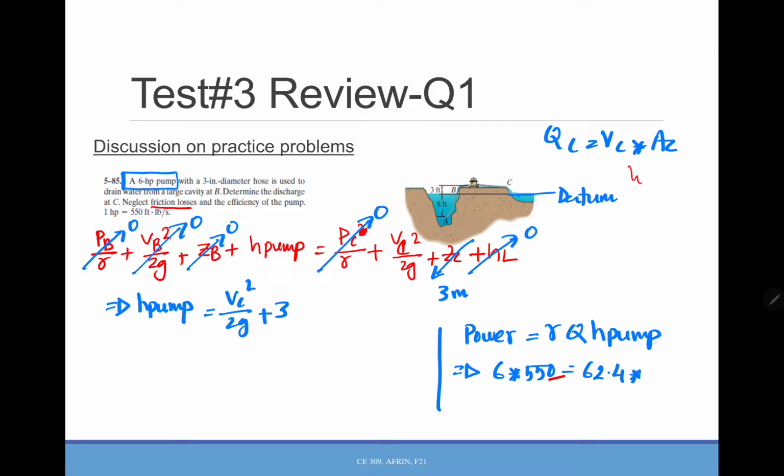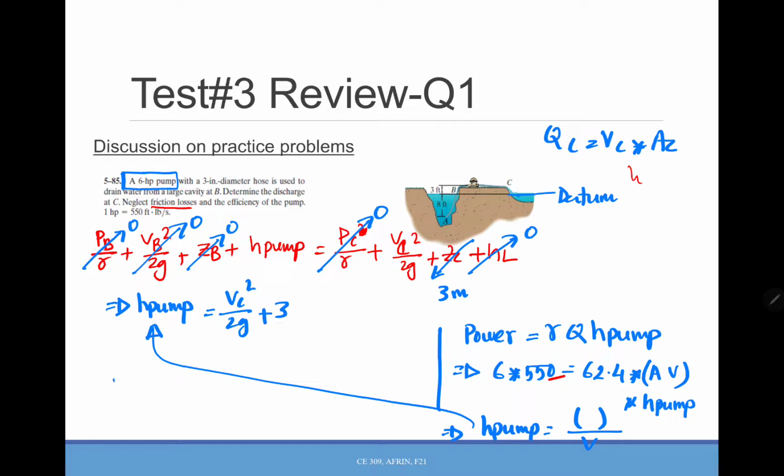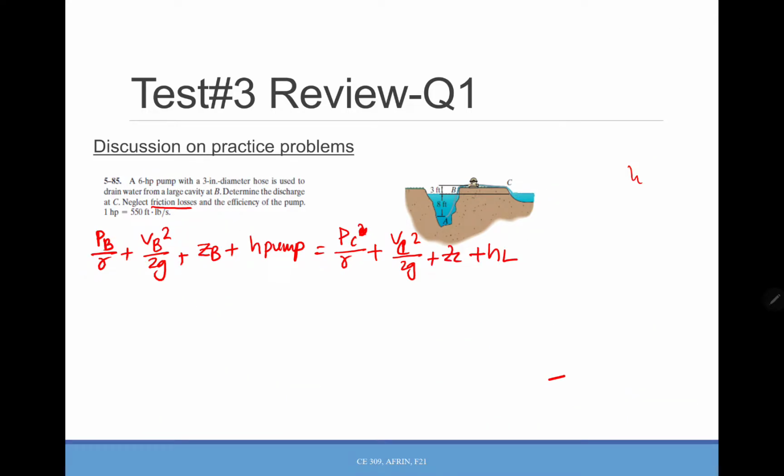You can keep that as Q, or you can say it's A times V, and H pump. Now you can find A, so H pump will be some number over V, and you can use that here. So you have everything in terms of V; find V and then find Q. Okay, so that is question number 1.